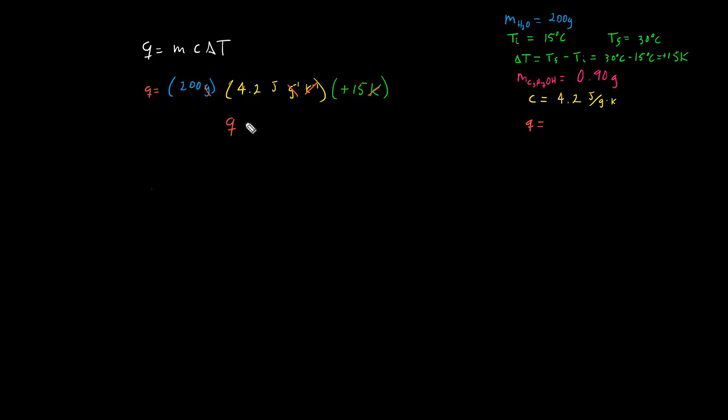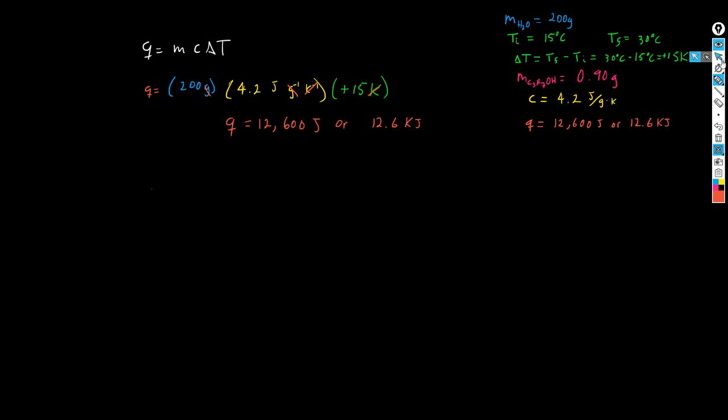That's going to give us 12,600 joules, because that's the only unit that's left, as Q. Or, if we wanted that in kilojoules, we'll say 12.6 kilojoules. Again, that's going to depend on whether the question asks us for a specific unit or not, and if they don't, we need to make sure we put the unit on that answer. So Q is going to be either 12,600 joules or 12.6 kilojoules.